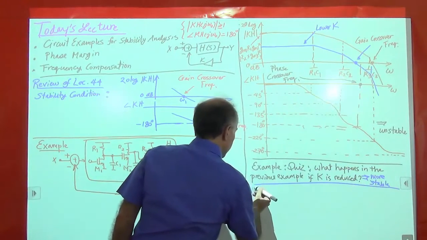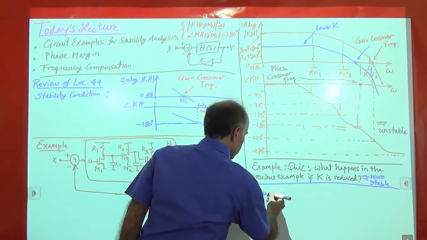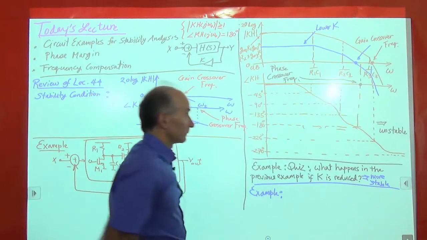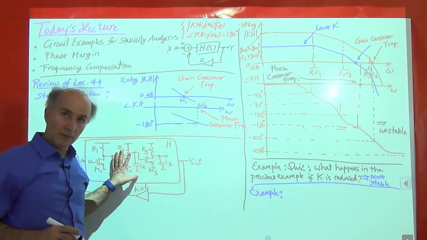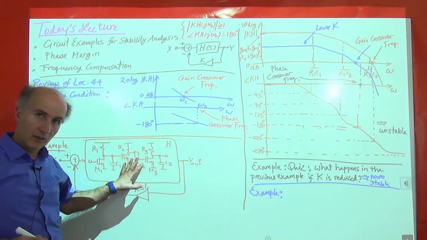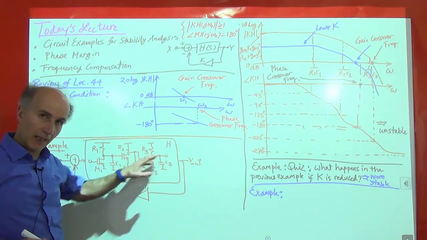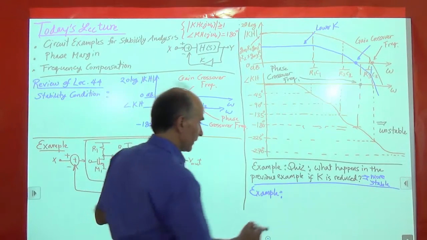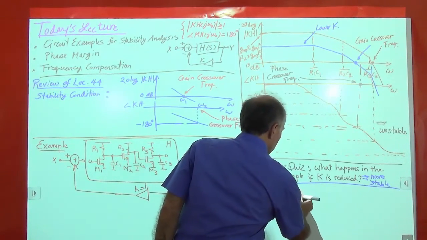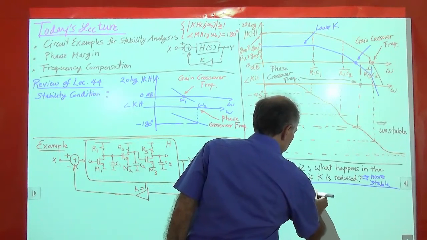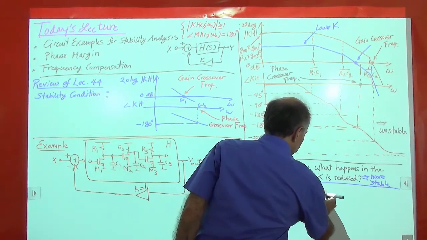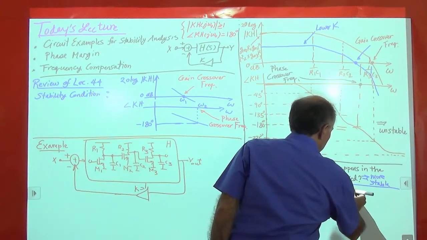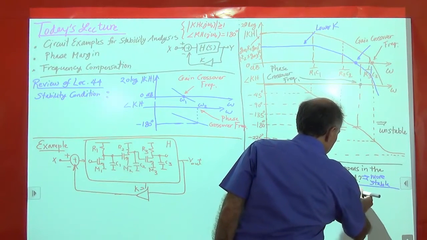Let's go to the next example. So we're still looking at this previous example with a 3-stage amplifier serving as the feed-forward system. We ask, what happens if C1 is increased?